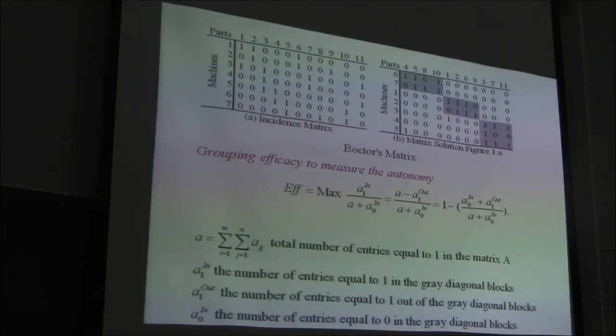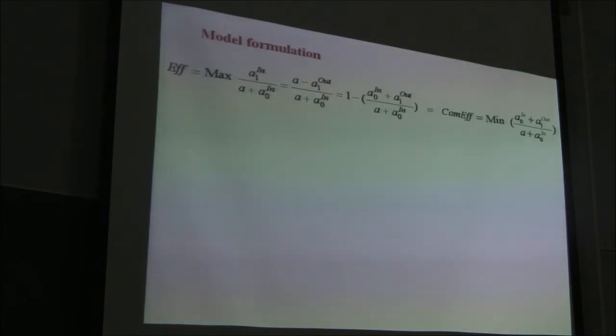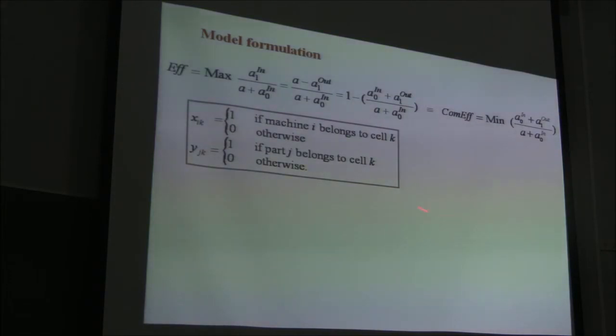So instead of maximizing, we specify a problem where we minimize. And in fact, we minimize this quantity. Minimizing this is equivalent to maximizing. So we minimize this quantity here.